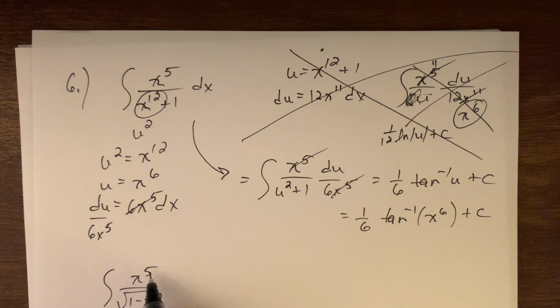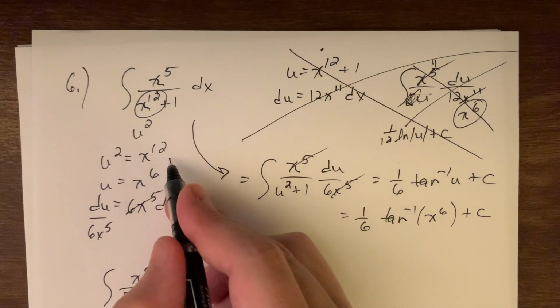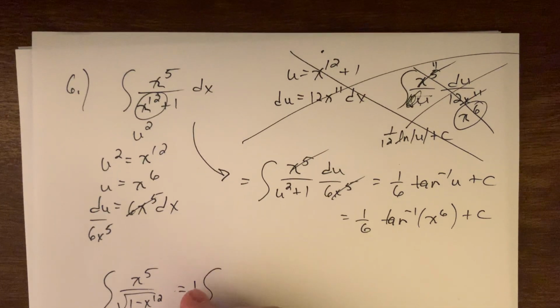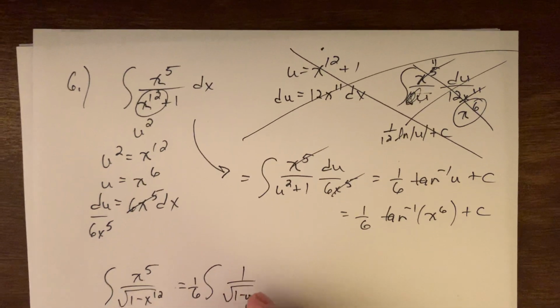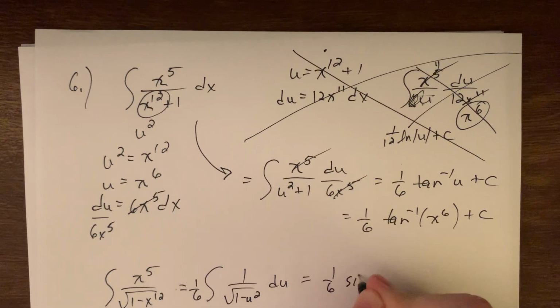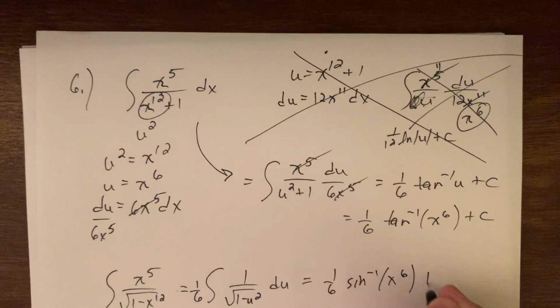If this was an x to the 11th on top, that would be your u sub. But now you'd have to try the same thing. It will work, and now u squared is not minus x to the 12th. It's just u squared is the x to the 12th. The same thing happens. This would end up becoming this, so you get 1/6 inverse sine of u.